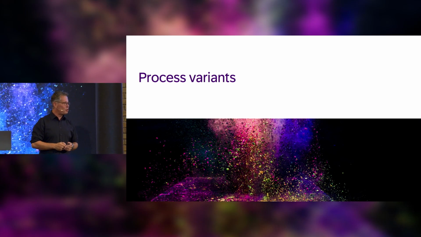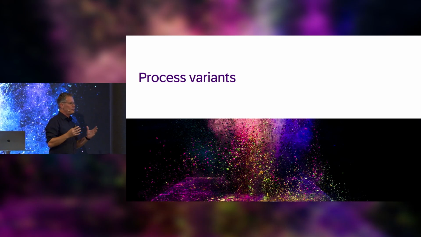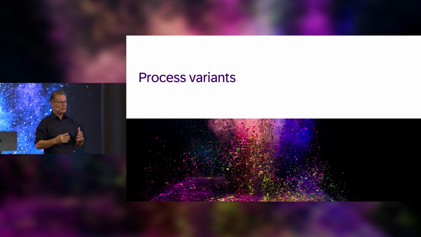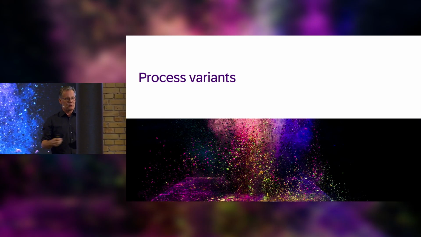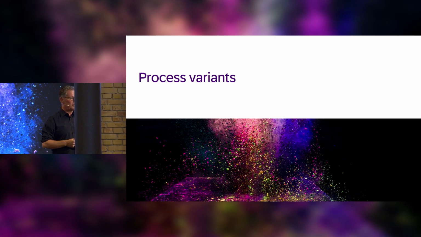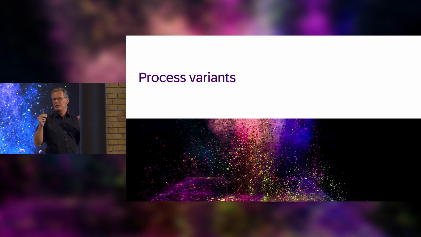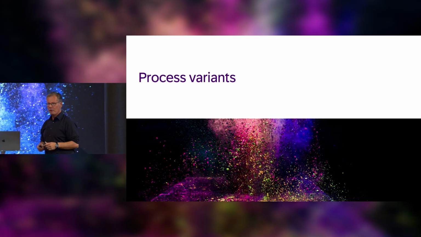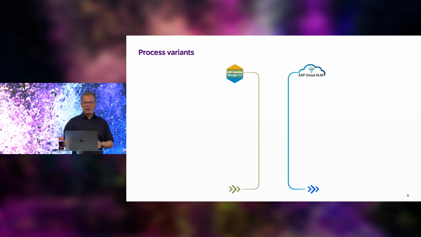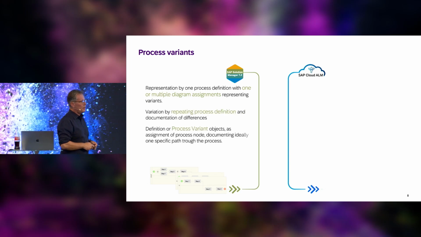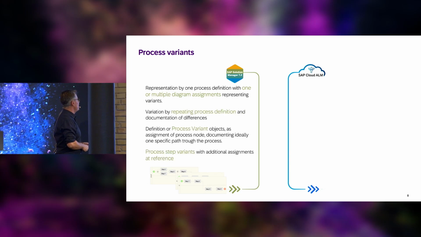How was it in Solution Manager reflecting process variants? Because if you implement a piece of software, including business processes inside, then for sure you will end up with a bunch of variants. Now, on the Solution Manager side, you know that very well, even better than me.